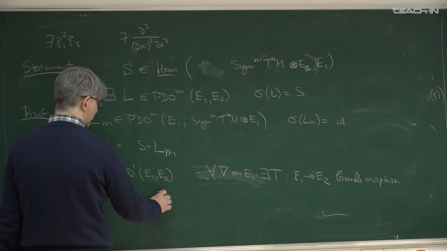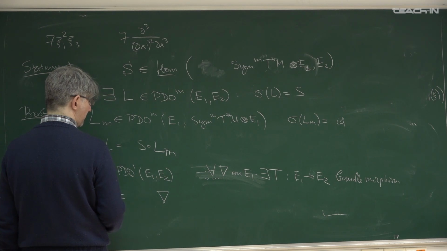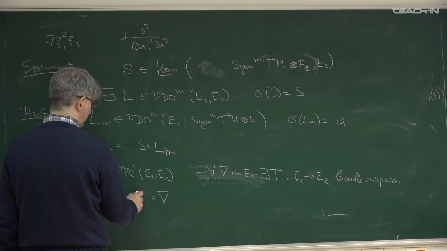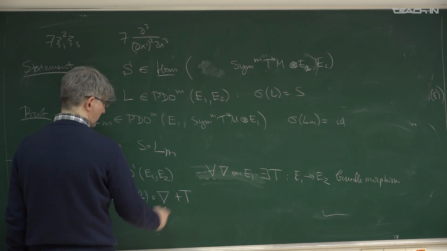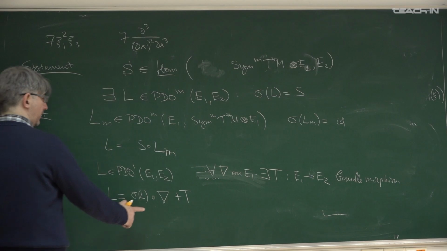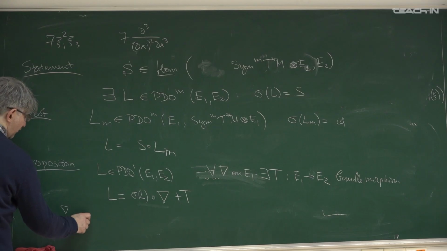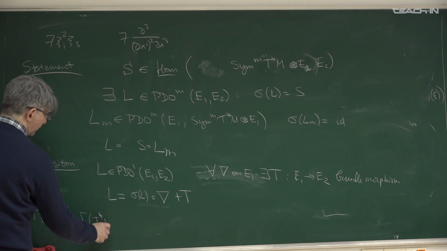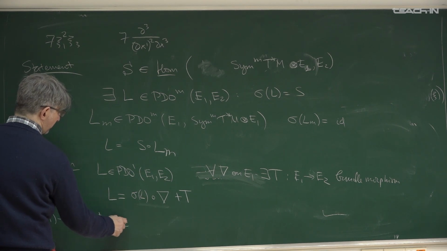We take the connection, then we take the symbol, and we take the composition. Let us have a look at the first summand to understand what's happening. We have sections of E1. Nabla sends sections of E1 to sections of the tensor product of the cotangent bundle of the base manifold with E1.